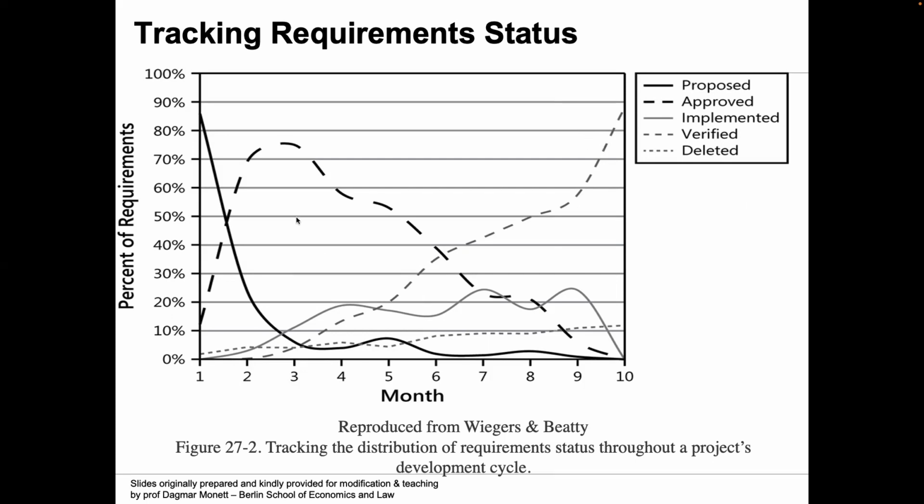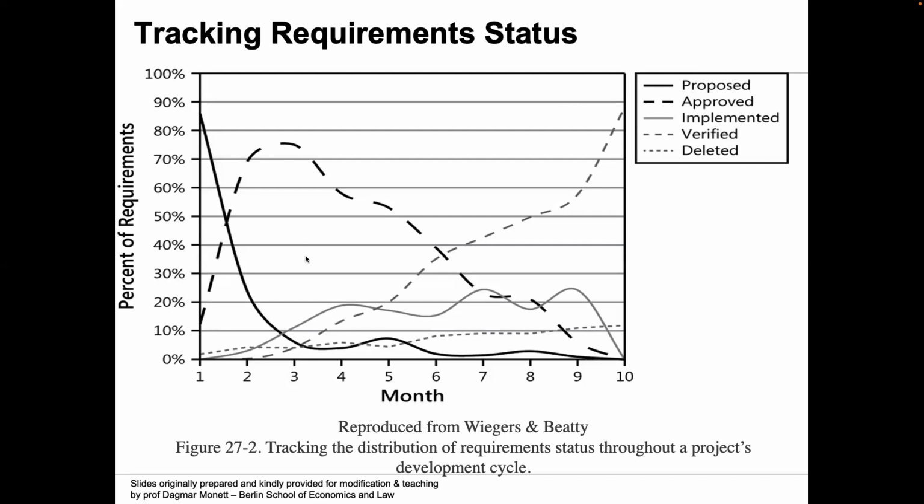While your proposed requirements, starting from the first month, are reaching almost 90% of the requirements at the end of the first month, and then they start coming down, which means that changes have taken place over the period of time. The same can be said about your approved requirements.